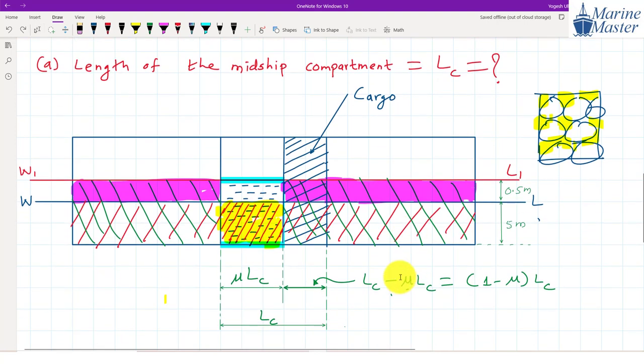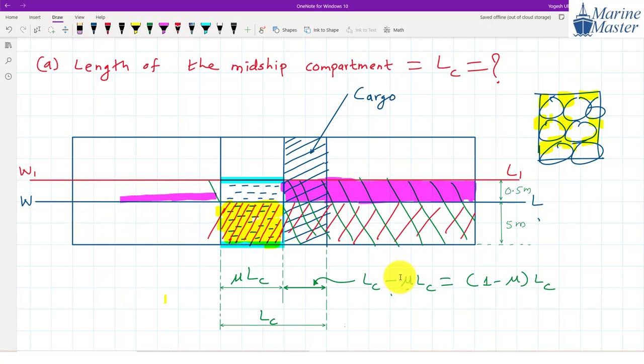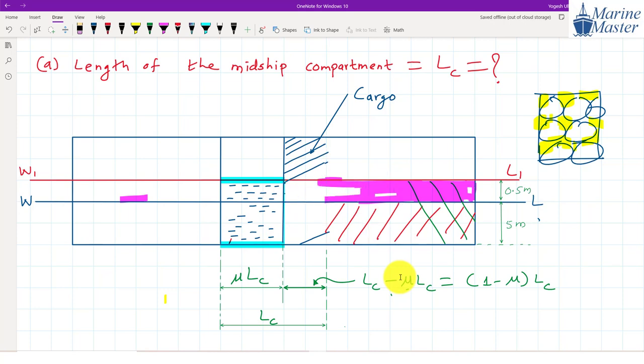Now the drawing will become a little bit complicated. To make things simple, I'm erasing a few things here, because I have that option. Whatever we require, only those things I'm going to show here, guys. So just one minute, have some patience.